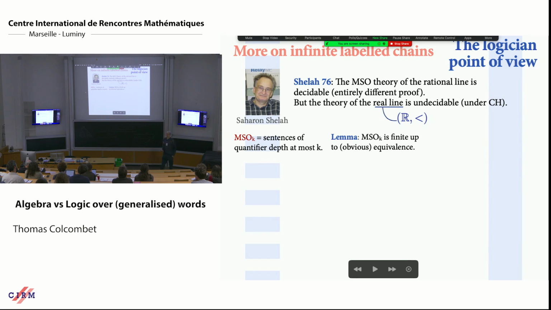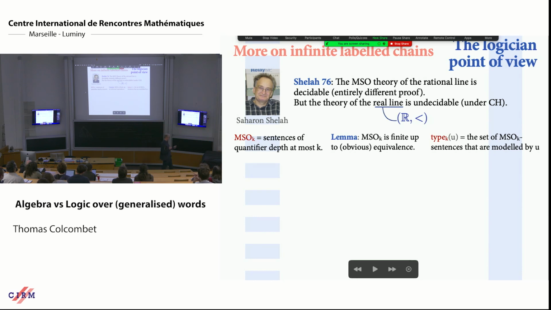And if you rewrite these formulas using elementary things like De Morgan laws, it turns out that there are only finitely many of them. Deciding the equivalence between two MSO-k formulas is a priori not decidable, but here this argument is completely effective because you just use elementary rewriting between formulas.